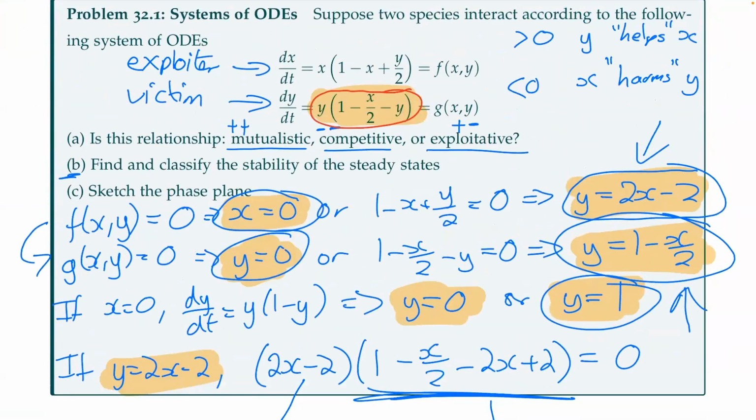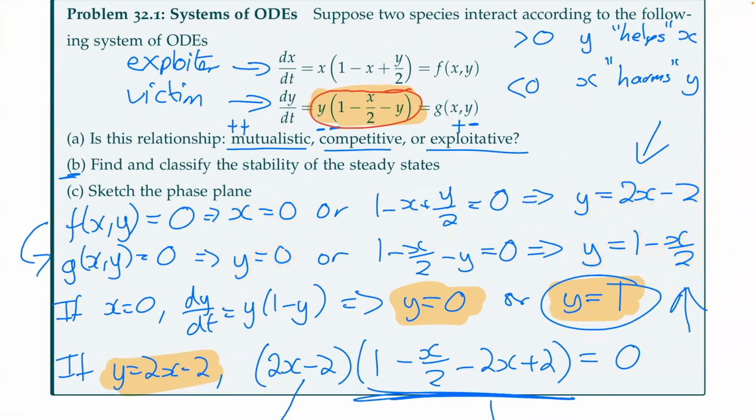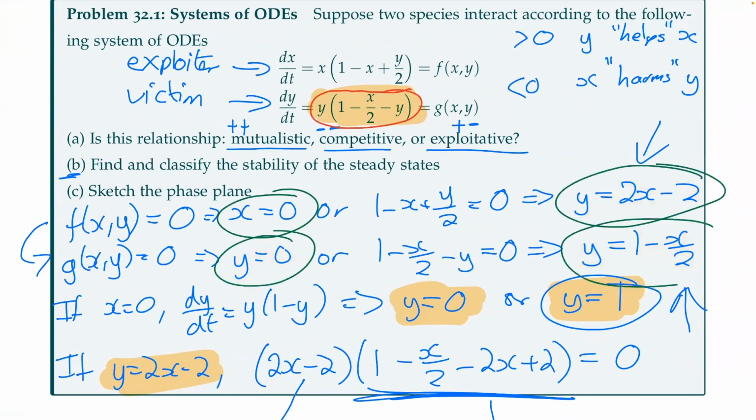It's a bit messy now, so I'm just going to get rid of some of these things here. The things that I'm going to circle in green are my null lines. So that's a null line, this is a null line, this is a null line, and this is a null line. So I already found them when I was looking for my steady states.